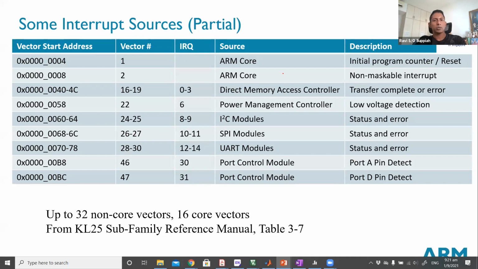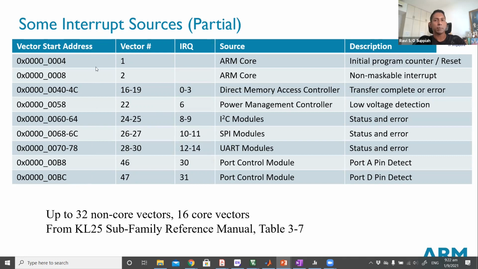Now, interrupt sources. Let's look at the different peripherals that can generate interrupts. For this, I would like you to open up your datasheet again and look for table 3-7. Why it's always good to go back to the datasheet is because you have the full set of information there, correct?